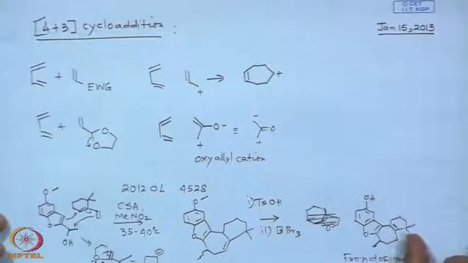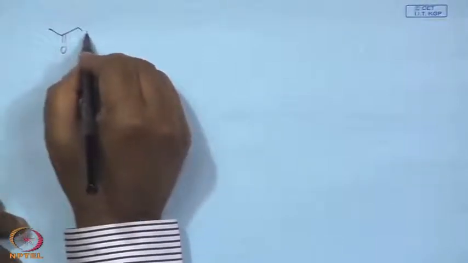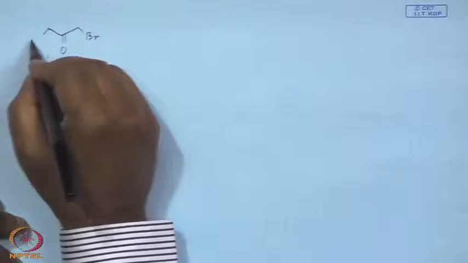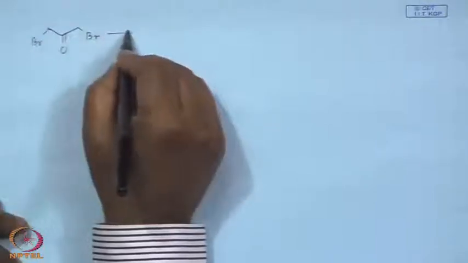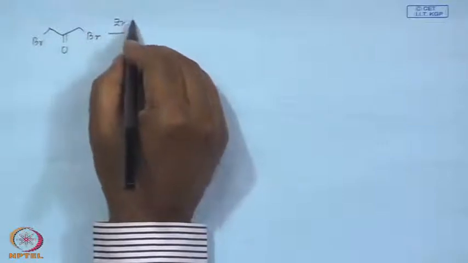Let us look at some other examples where you will see that heterocycles are being formed. The substrate here, in this case, is again a ketone, with alpha, alpha prime substituents. What you do here, you treat this with zinc copper couple.